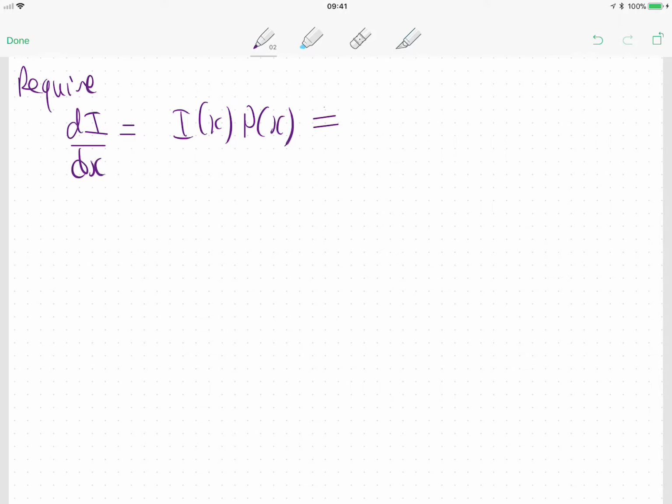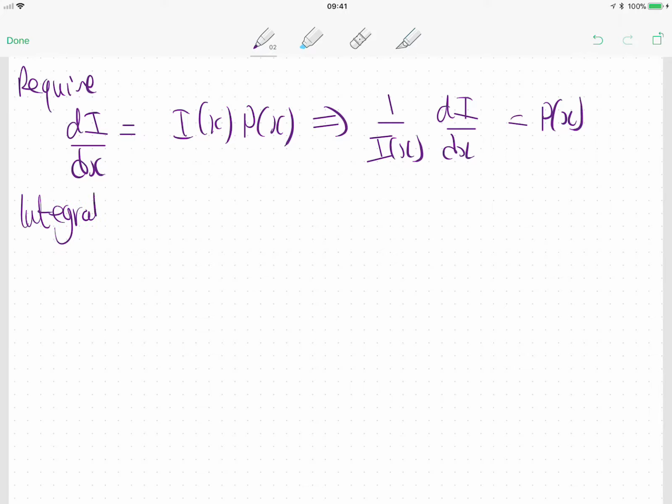And it turns out we can. We use a method called separation of variables. So this involves putting all the I's on the left hand side and all the x's on the right hand side, and integrating with respect to x.